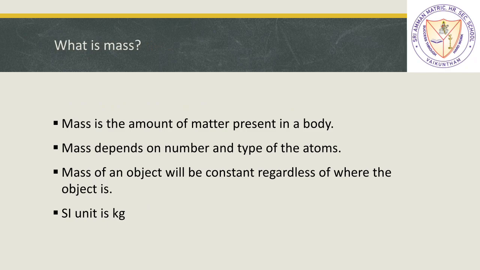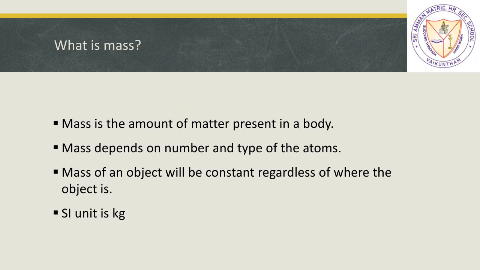How much matter or how much substance is present in an object will be called the mass of that object. This mass depends upon the nature, what type of atom is present inside that object.